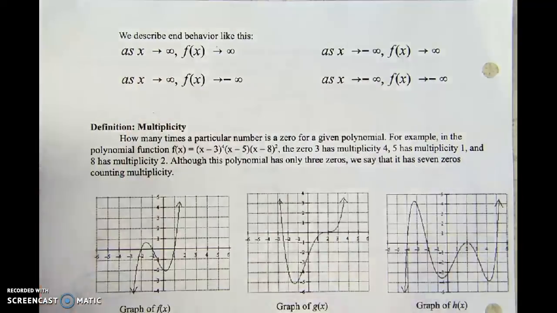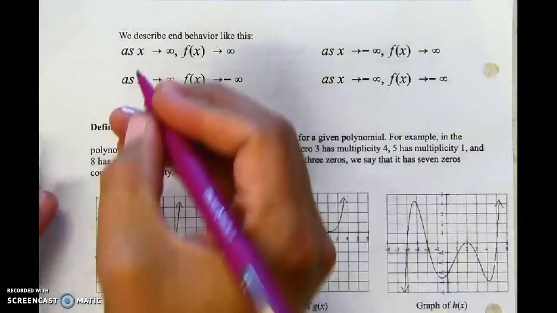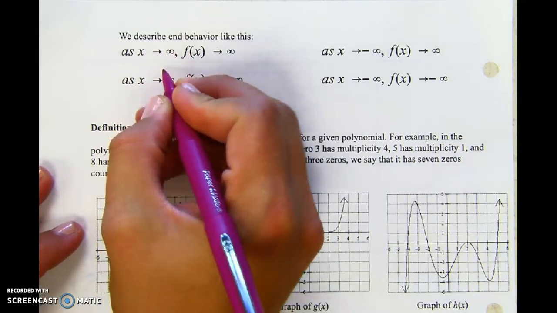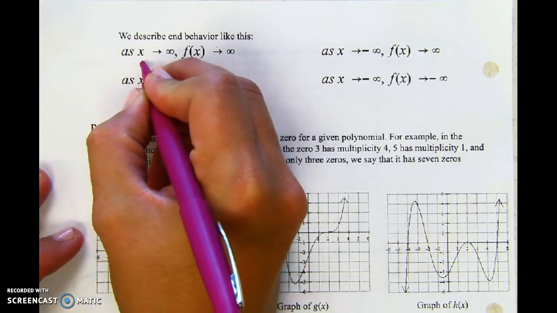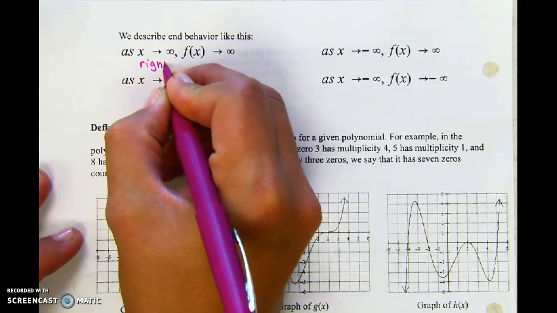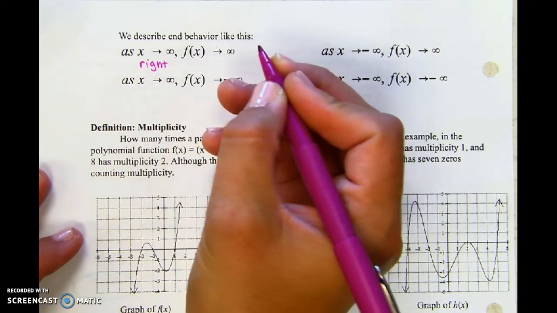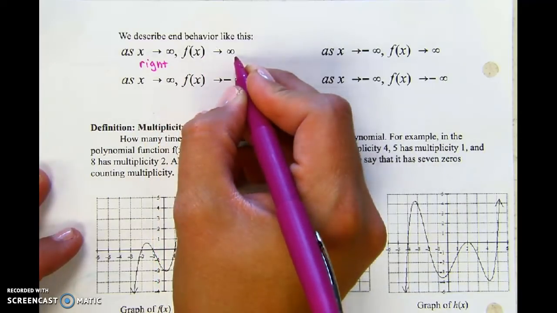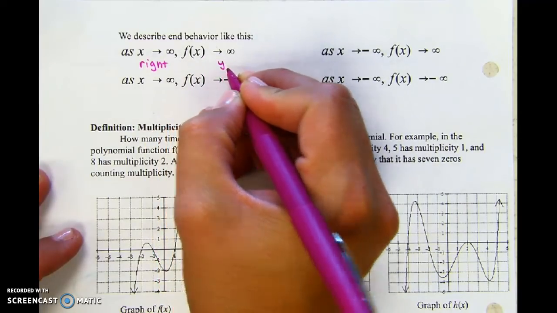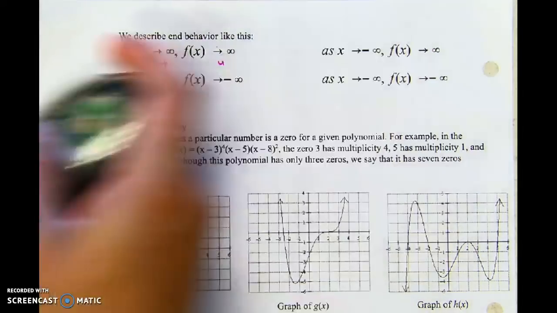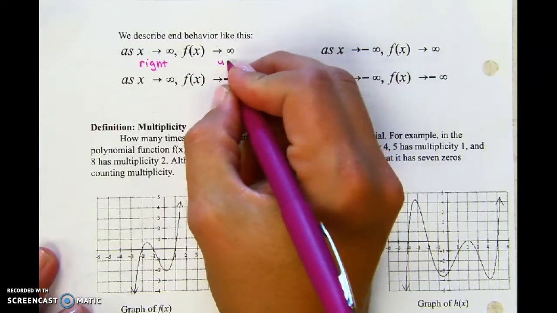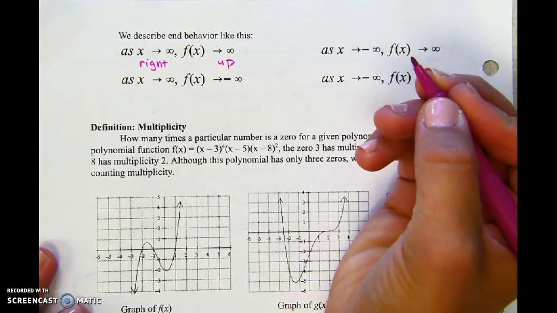So as x goes to, we're going to fill these in. Okay? If x is going to positive infinity, then what direction is it moving, left or right? If x is going to positive infinity, that means it's moving right. And f of x is y. So if y is going to positive infinity, then that means it's moving up.